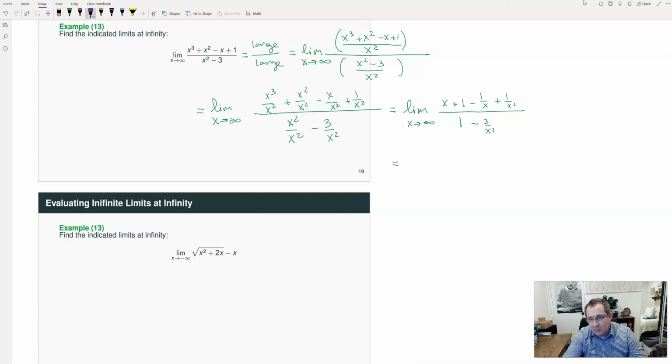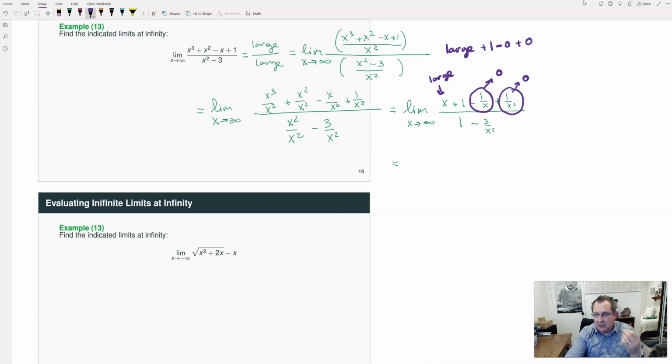So in particular, we know that this expression will go to 0, and that expression will go to 0 too. Now, in the numerator, I will have a large number. I will have 1, and I will have a couple of zeros. So I'll have large plus 1 minus 0 and plus 0.